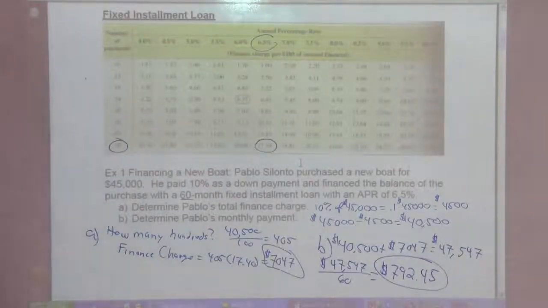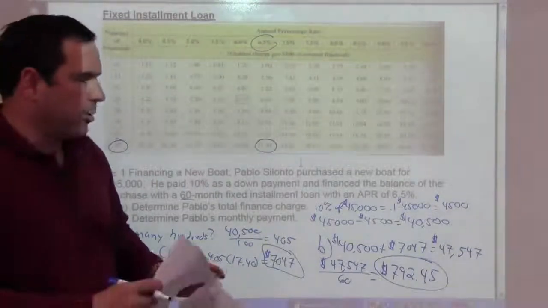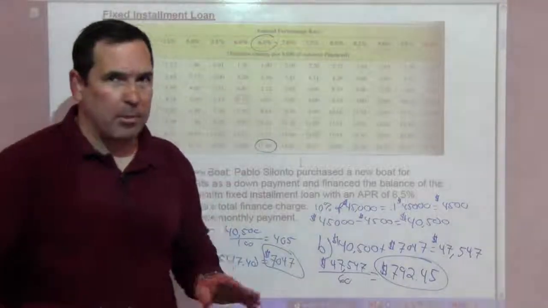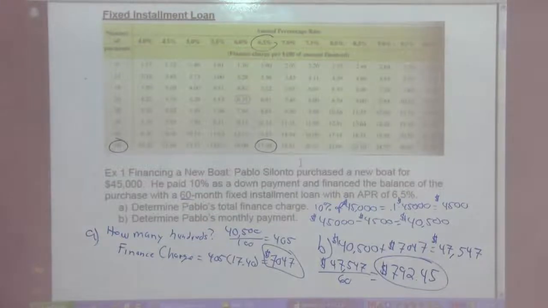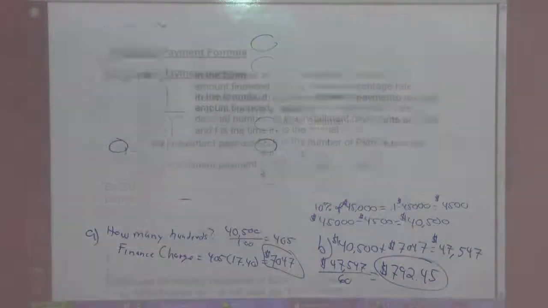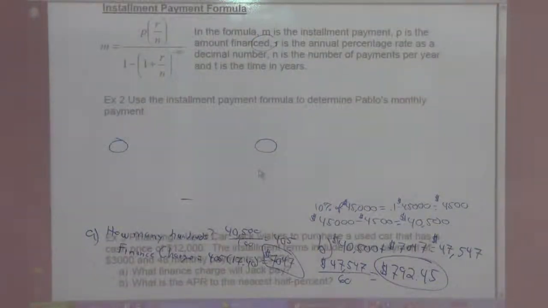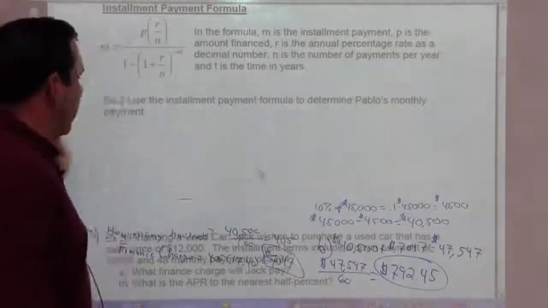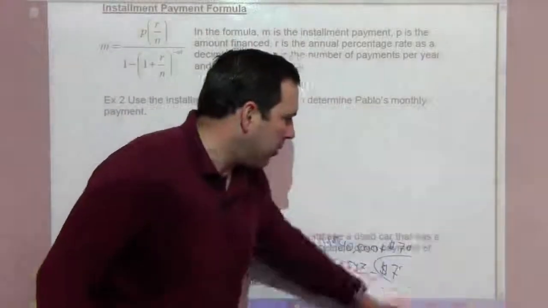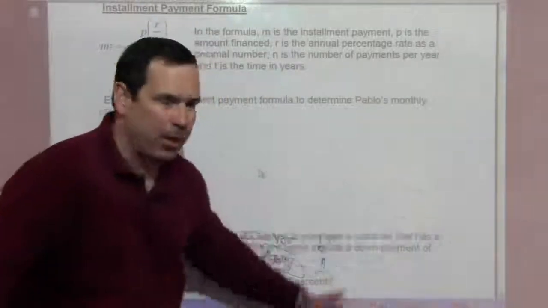Okay. Now, we're going to go on to talk about the formula for the installment payment. This is kind of cool. I've got to show this to you. So feel free to pause if you want to keep this on the board a little longer. Now this formula here, what's kind of cool about this, I got to take some credit here.